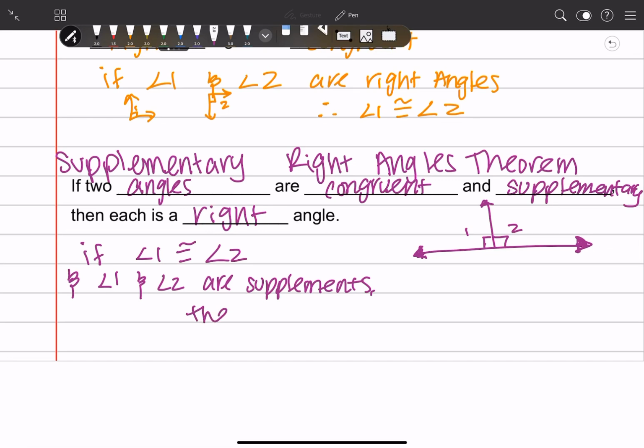So we can write that the measure of angle 1 is 90, the measure of angle 2 is 90. Therefore, angle 1 and angle 2 are right angles.